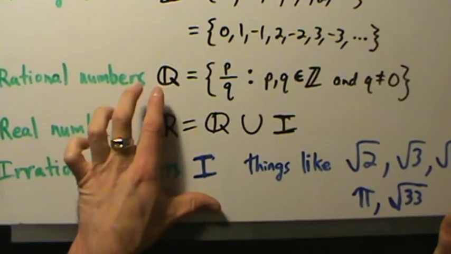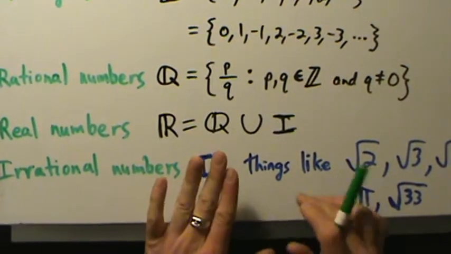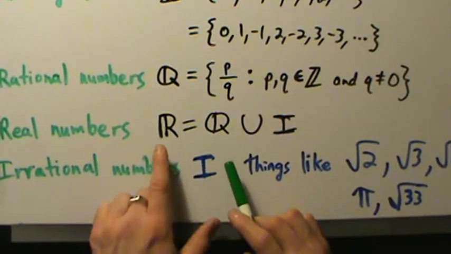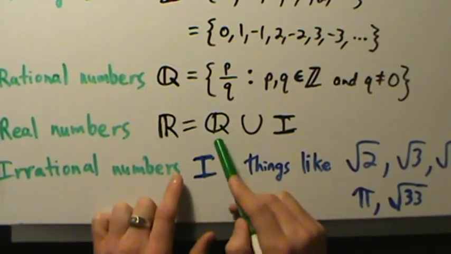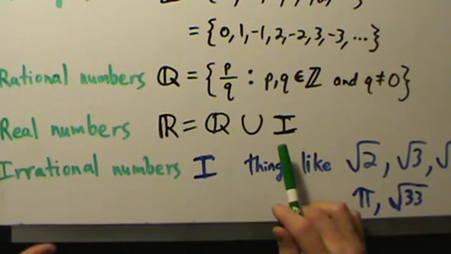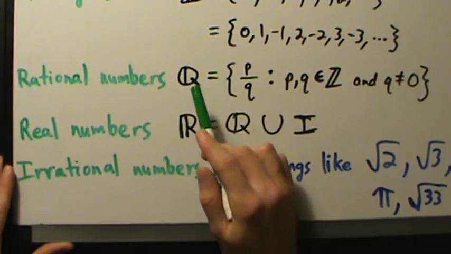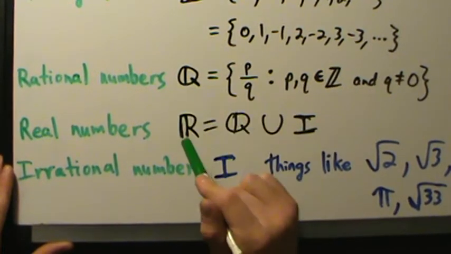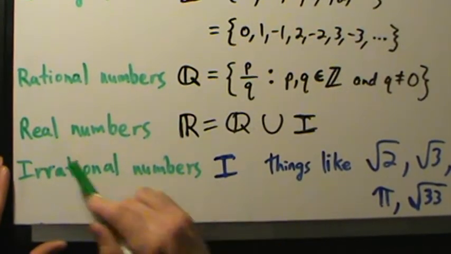We take all the rational numbers and union them with the irrational numbers. So what does that tell us? The real numbers are made up of rationals and irrationals. If you have a rational number, that is a real number, because every rational number is a real number. Every irrational number is a real number.